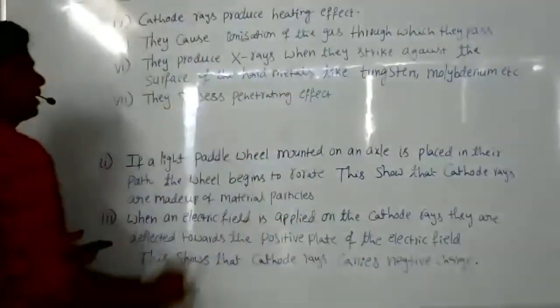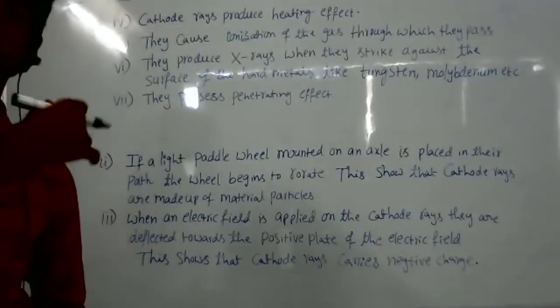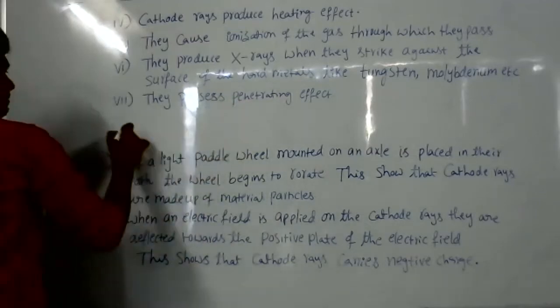This means cathode rays can pass through thin metal foils. If you use a very thin metal plate, it can pass through the metal plate. That's the effect we call the penetrating effect.